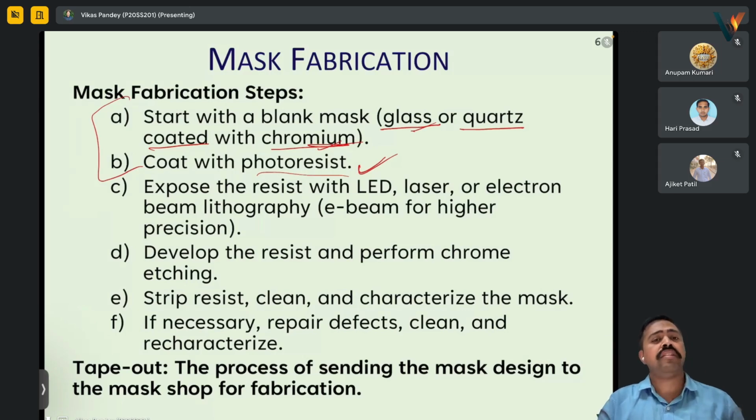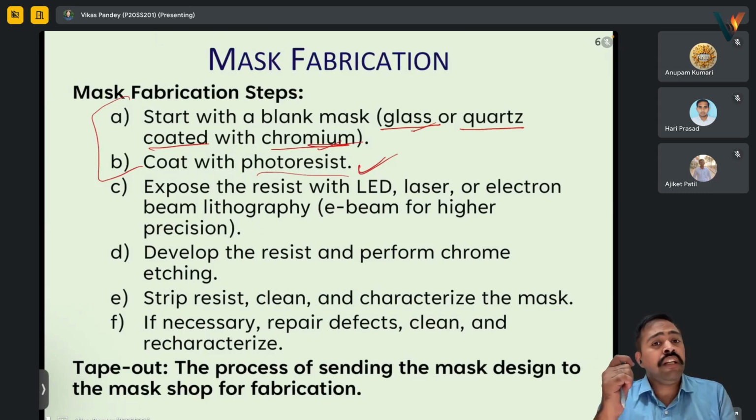Nowadays, some better techniques are being developed, but the most common one is spin coating, because it is easy to coat, and we know that by varying the speed of rotation after pouring the PR, we can define the thickness of our PR.